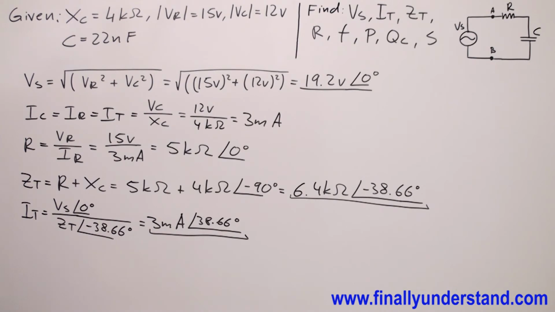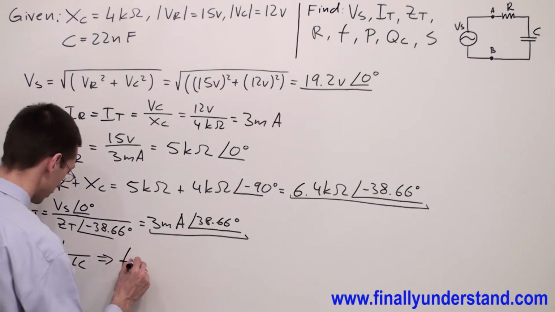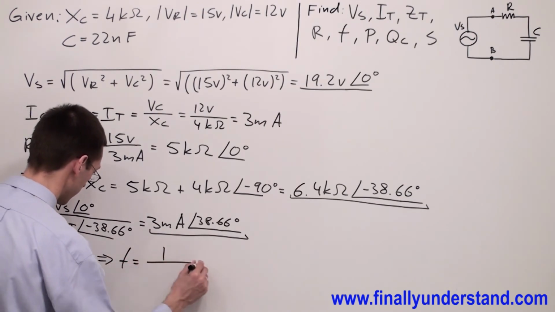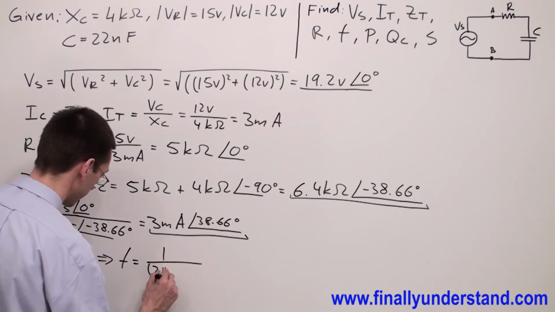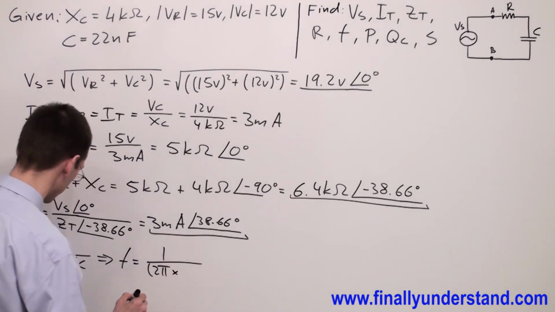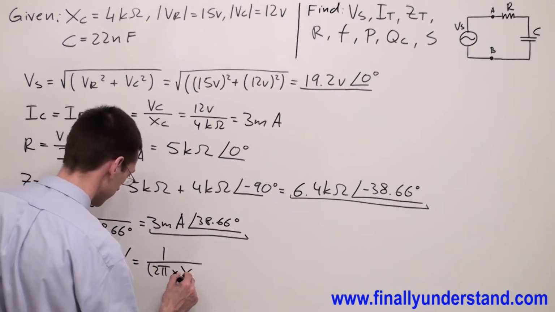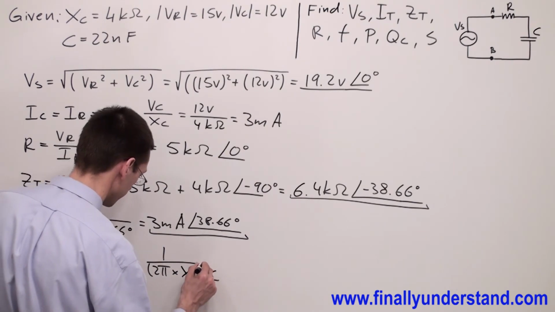Next, we're supposed to find the frequency. I'm going to find the frequency from the formula for capacitive reactance. X of C is equal to 1 over 2 pi F C. You're supposed to use algebra and solve this formula for F. So F is equal to 1 divided by (2 pi times X of C times C).